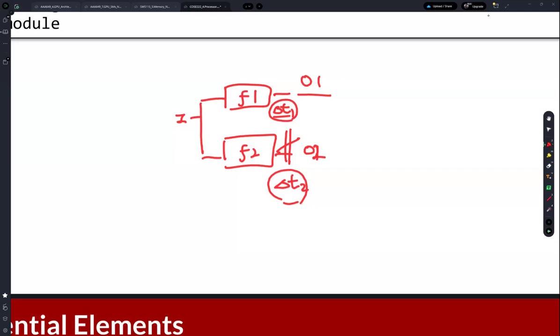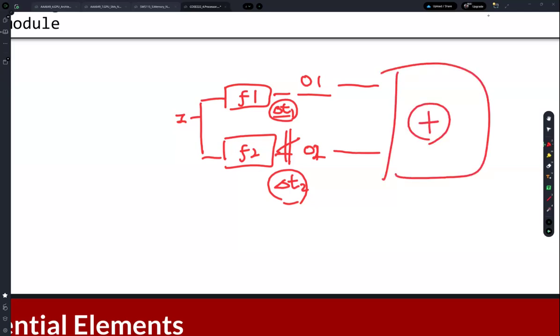After some time, some combinational logic may use this O1 value and O2 value. We can connect these combinational blocks again and again, and then we can generate more complex logic.